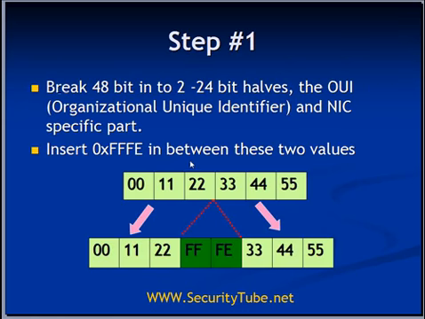The 48-bit MAC address is divided into two 24-bit halves. The first is the OUI or Organizationally Unique Identifier half, and the second is the NIC or network interface card specific part. Now insert 0xFFFE or hex FFFE in between these two parts.